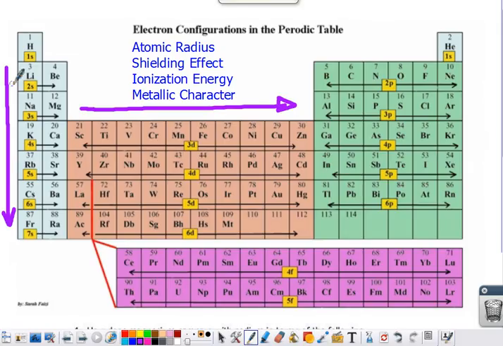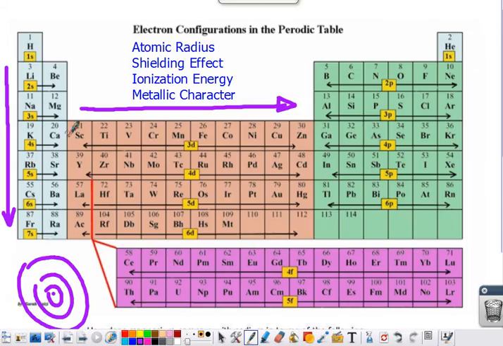As we go down a group, we're going from the first energy level to the second, to the third, to the fourth, the fifth. And with each energy level, we are growing in size. We're growing in atomic size or atomic radius. And that usually is very easy for kids to understand. As we go down, it gets bigger, because we're adding energy levels.